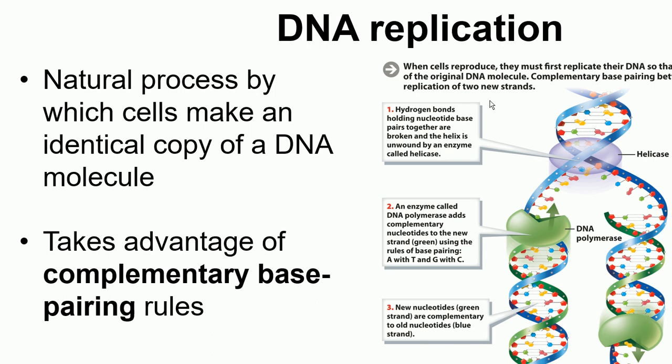So the two strands separate, then the two strands act as parent strands, which means whatever is the order of the nitrogenous bases there, a complementary daughter strand will be formed, and as a result, two molecules of DNA are produced. Those two molecules of DNA are identical to each other as well as identical to the parent molecule.